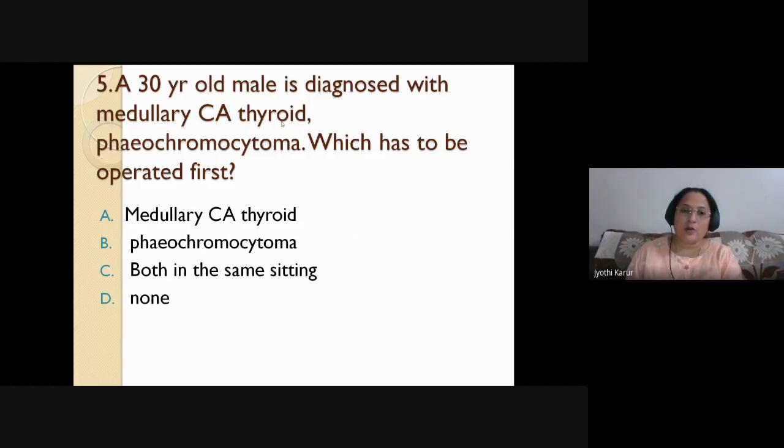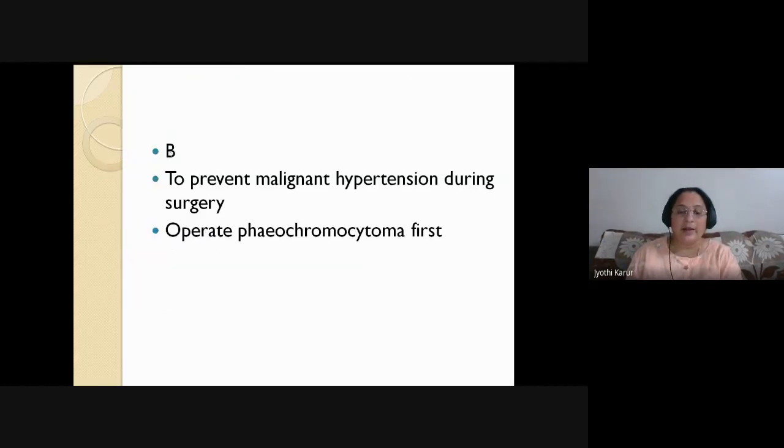What happens in pheochromocytoma? Will the patient be calm and normotensive during surgery? No. There will be something called malignant hypertension. At the time you start handling the specimen, your anesthetist will be warning about the blood pressure. It is a tension surgery for the anesthetist because it causes torrential bleeding and malignant hypertension.